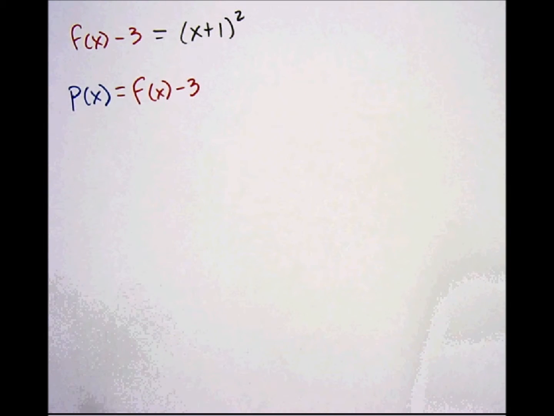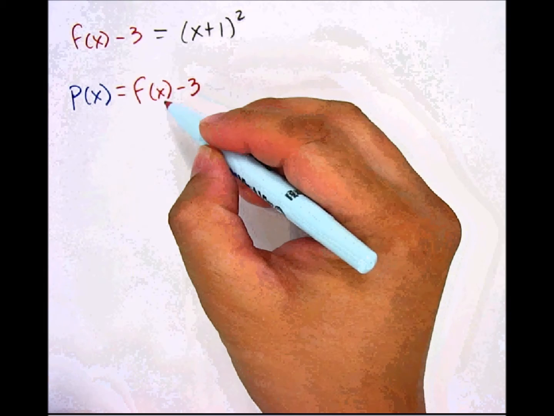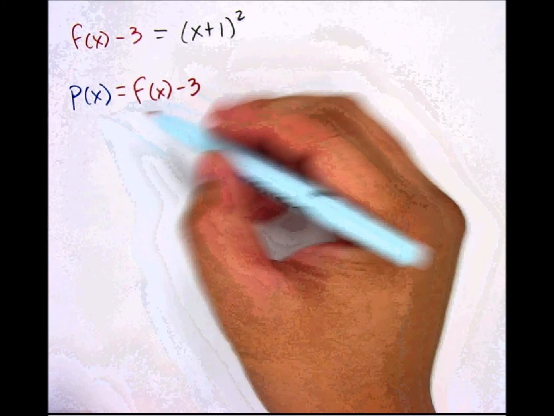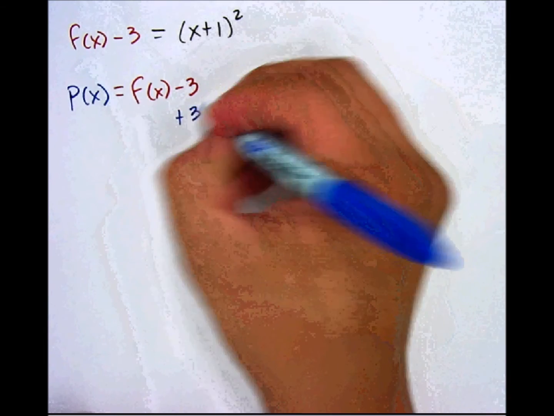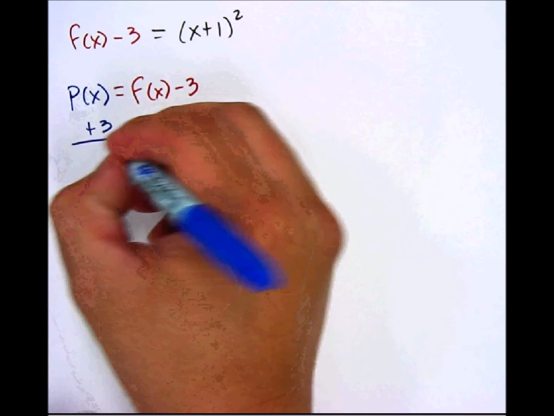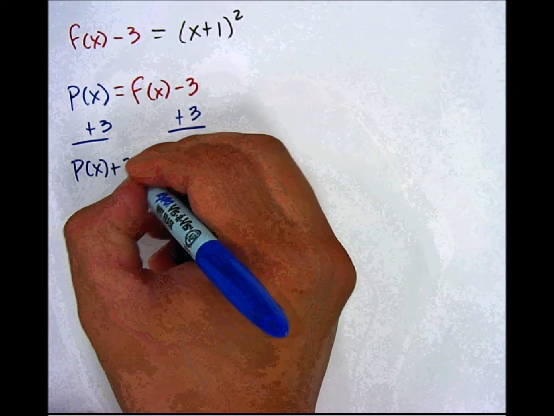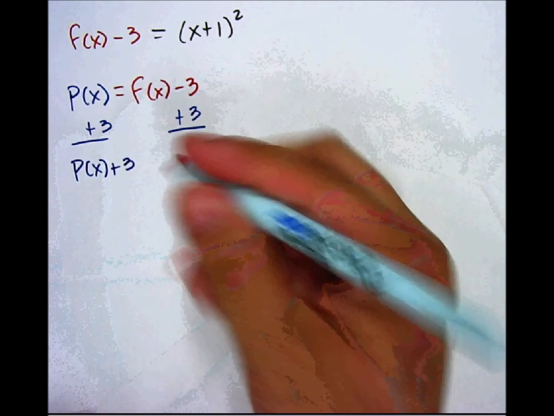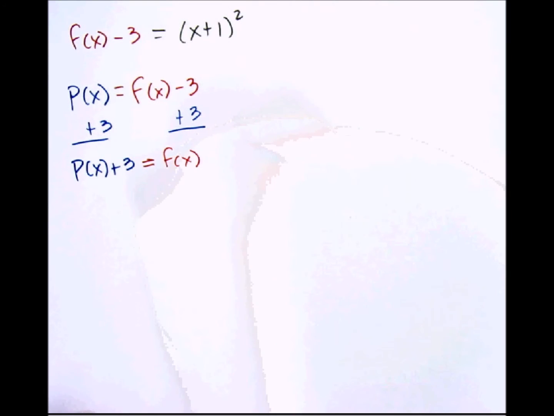So then, what do I have to do to p of x to get to f of x? Well, that's simple. We just need to write f of x in terms of p of x. So I'm going to go ahead and add 3. And as you can see, to take p of x to f of x, all I have to do is add 3.